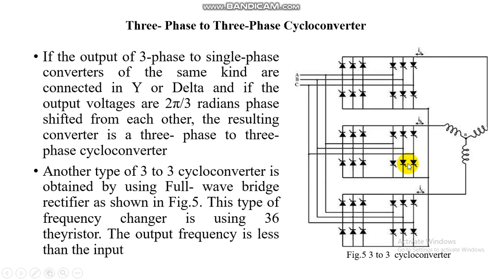We have another type of 3-phase to 3-phase cycloconverter obtained by using full wave bridge rectifier as shown in the figure, and this type of frequency changer is using 36 thyristors. The output frequency is less than the input frequency.